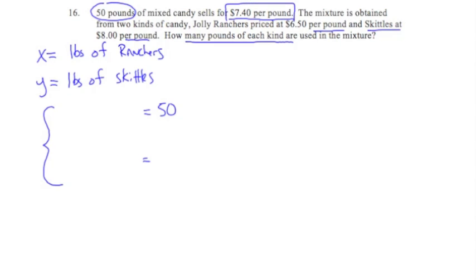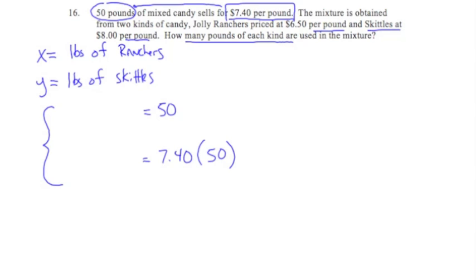If I want to end up with a mixture that costs $7.40 per pound, but I also have 50 pounds of that stuff, I am going to need to take that $7.40, the price of that candy, and multiply it by the 50 pounds. That's my other total there. That's going to give me a total price for these two candies getting mixed together.